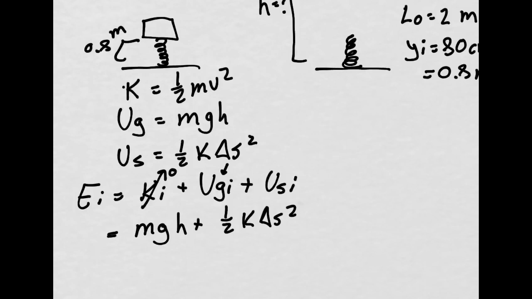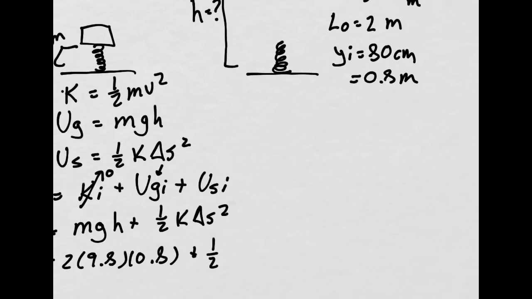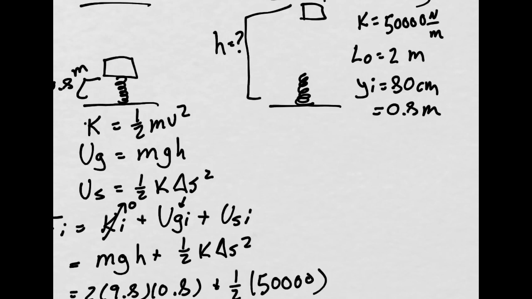So our mass is 2, our g is 9.8, our h is 0.8 because it's not on the ground. This is plus 1/2 k, 50,000 times delta s squared. So it started at 2 meters and went down to 0.8.